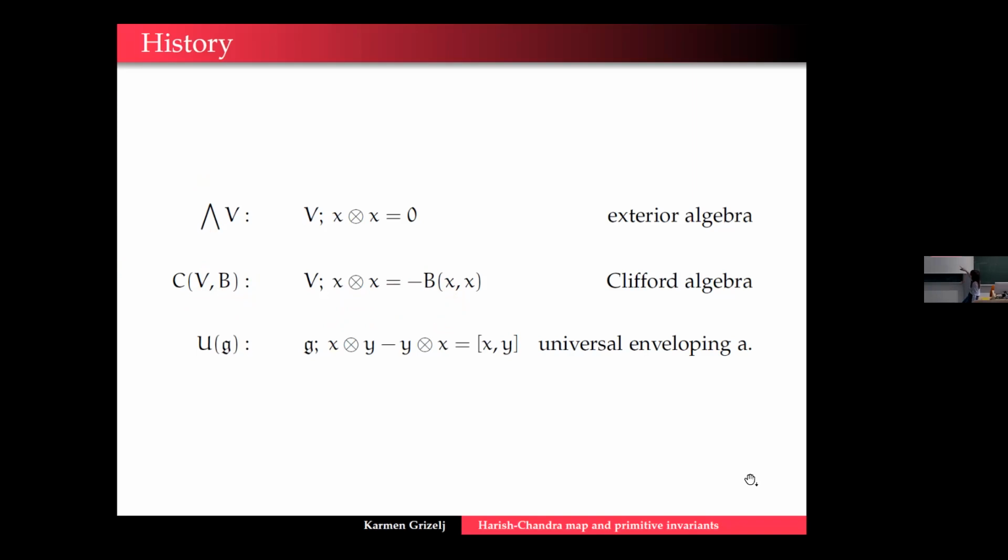Note that if we set B to be trivial, then the Clifford algebra is actually the exterior algebra. And whichever bilinear form we choose, we get the same dimension, 2 to the power of the dimension of V. But these two are not isomorphic unless B is equal to 0.